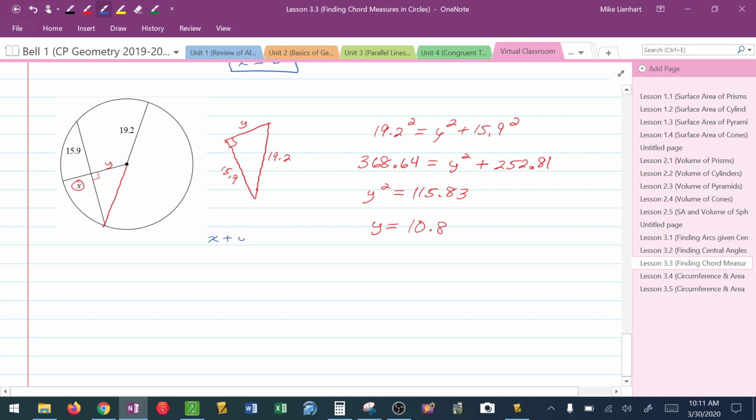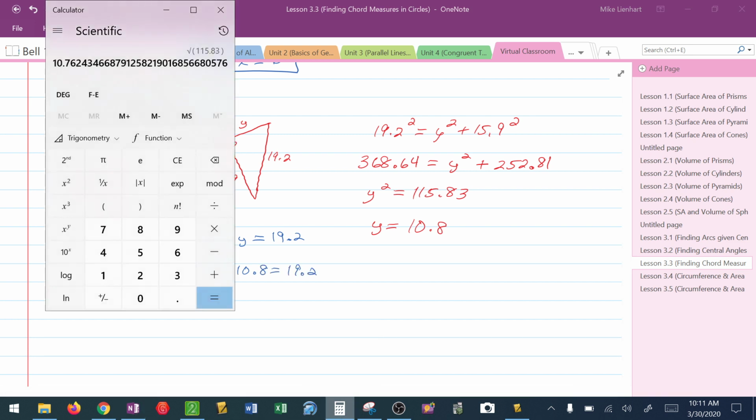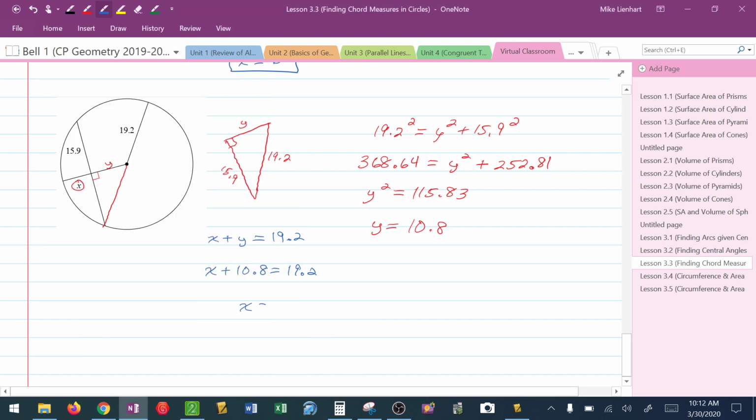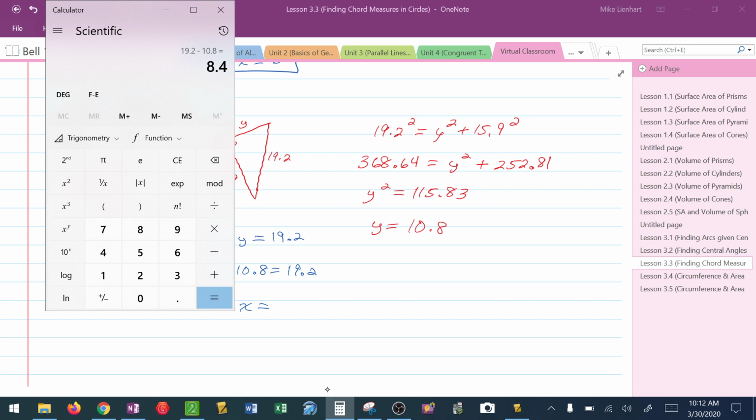So x plus y had to be the measurement of the radius, 19.2. I've just found y to be 10.8. So x plus 10.8 is equal to 19.2. And if I take 19.2 and subtract 10.8, I find that x is going to be about equal to 8.4.